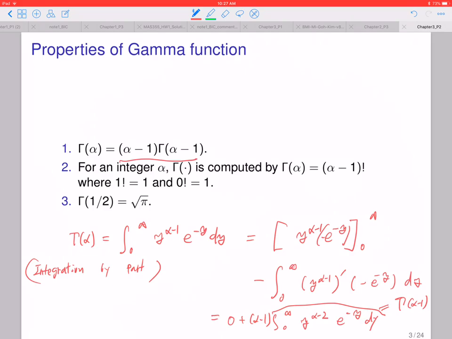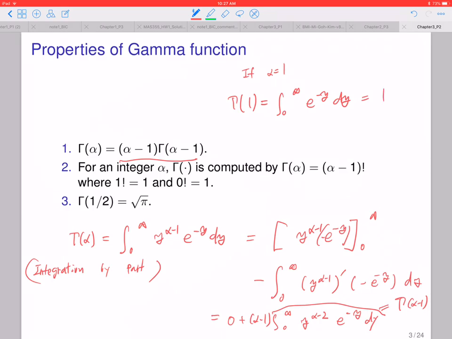And the interesting part is if alpha equals 1, then gamma(1) is the integral from 0 to infinity of e^(minus y) dy, which is 1.